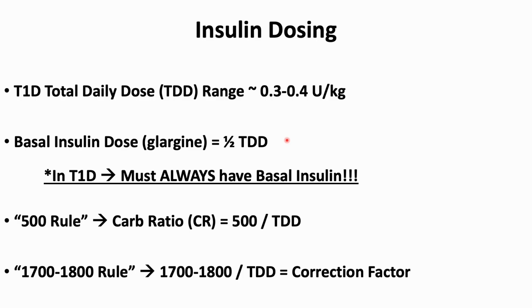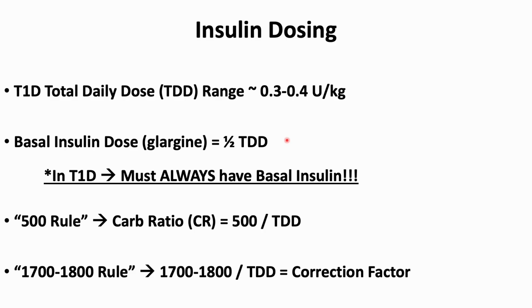And remember, and this is key, patients with type 1 diabetes have to have a basal insulin on board always, okay? We see this all the time where even for patients who are in the hospital, their basal insulin may get held and they go into DKA after they're already admitted to the hospital, okay? So it's not just patients not taking their insulin out of the hospital and then coming in.